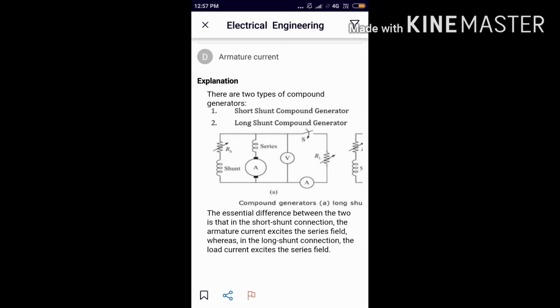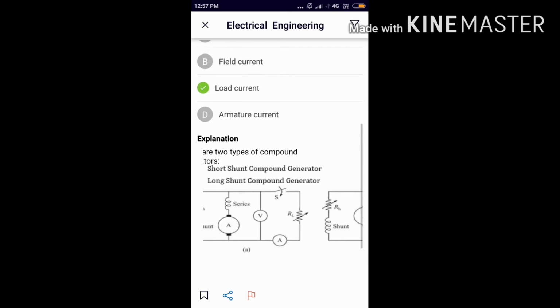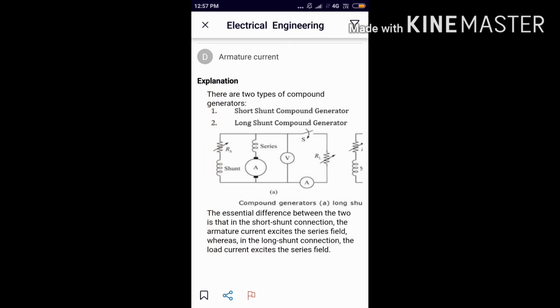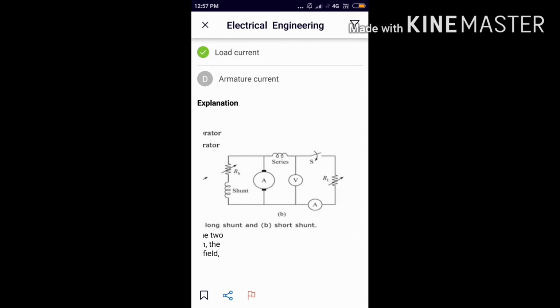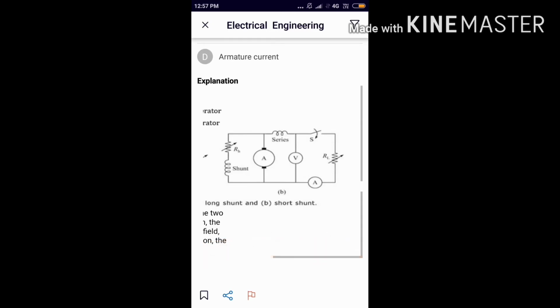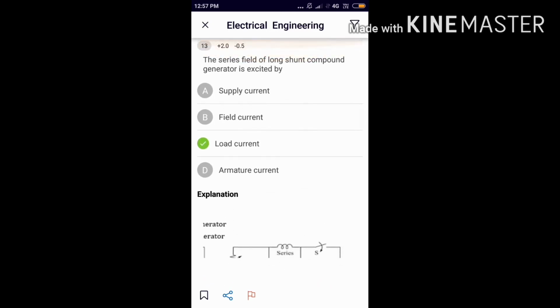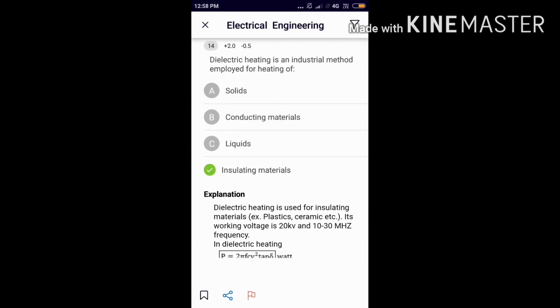The essential difference between the two is that in the short shunt connection, the armature current excites the series field, whereas in the long shunt connection, the load current excites the series field. So the answer is load current.